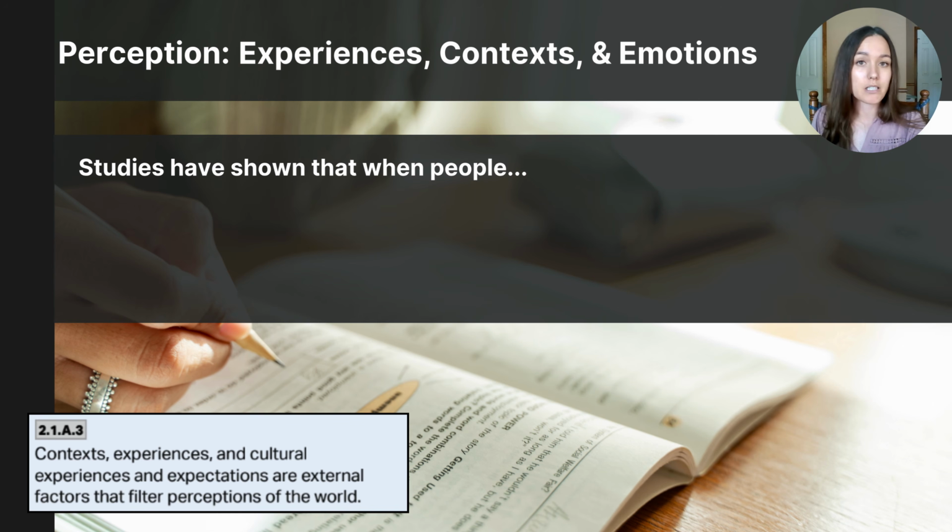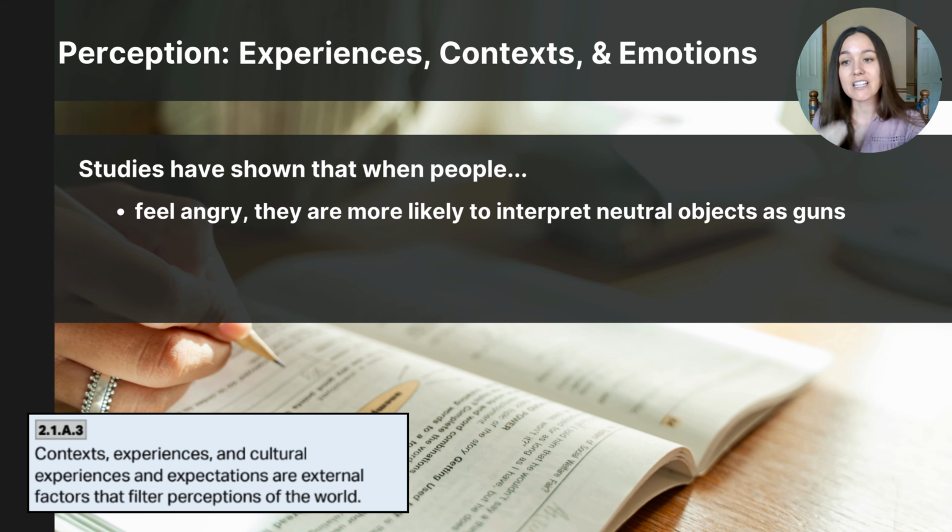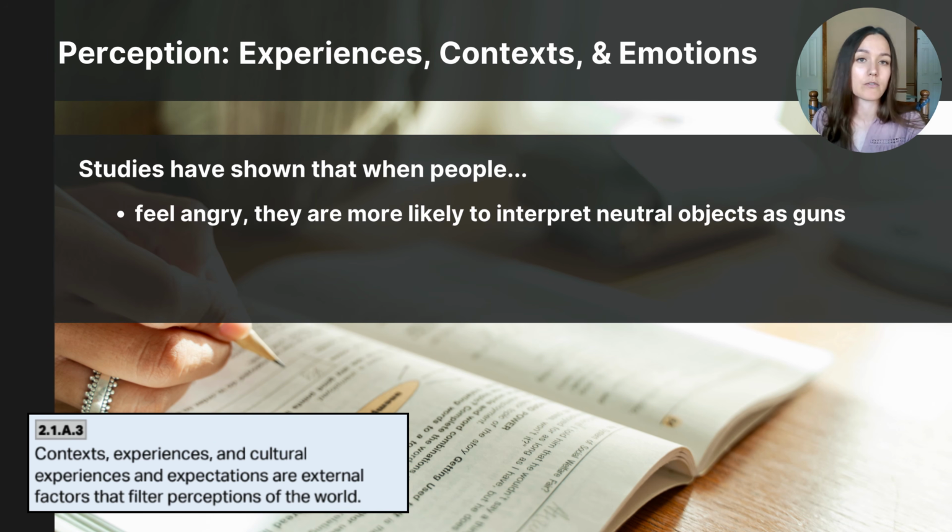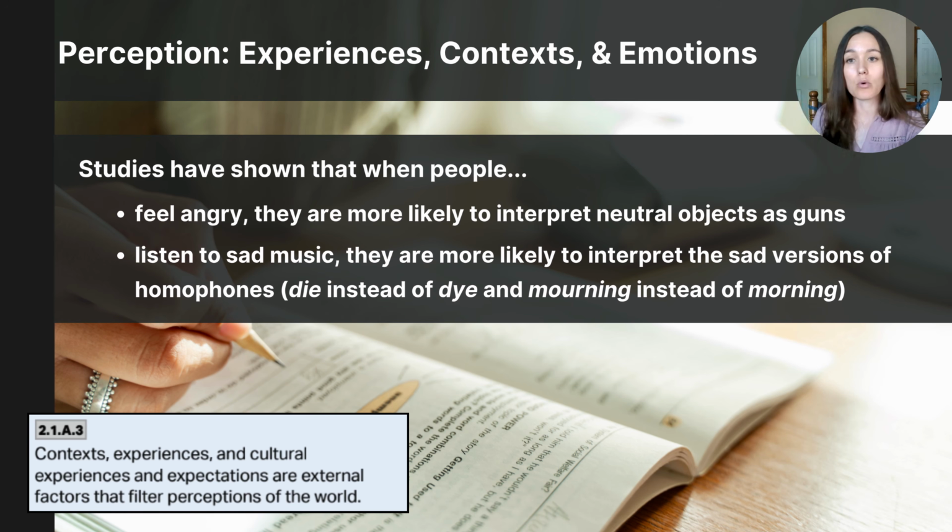For example, studies have shown that people who are feeling angry are more likely to perceive neutral objects as guns. Or when participants are listening to sad music, they are more likely to interpret sad meanings of homophones. For example, listening to emotionally sad music influenced the way the participants interpreted words like die.